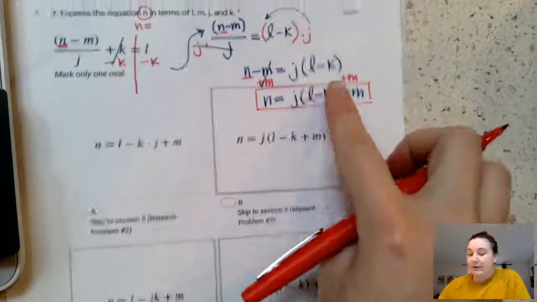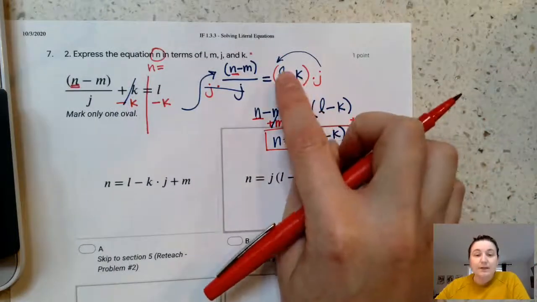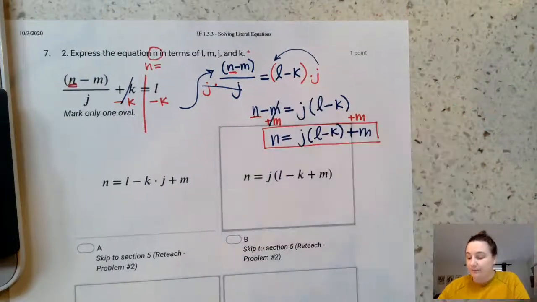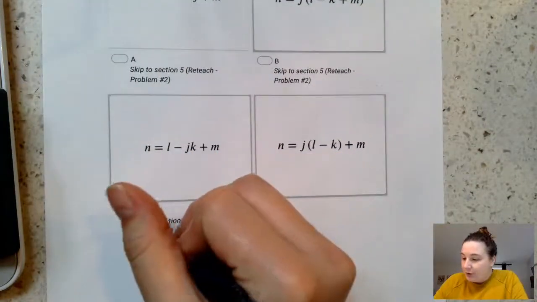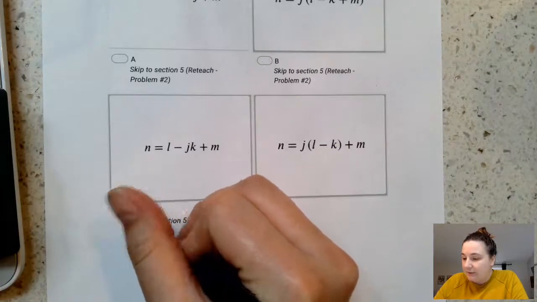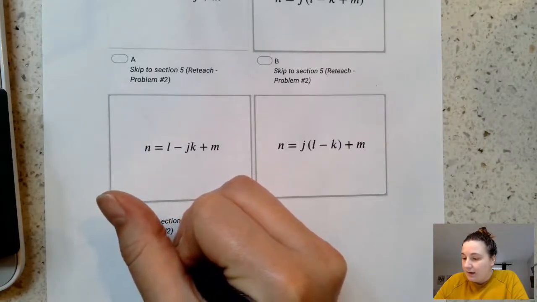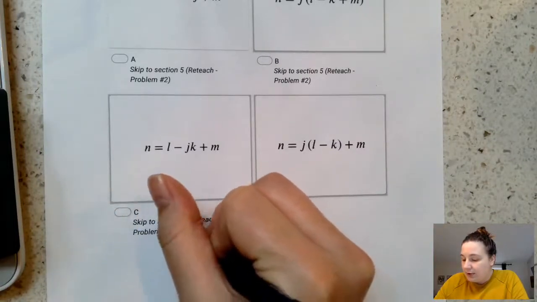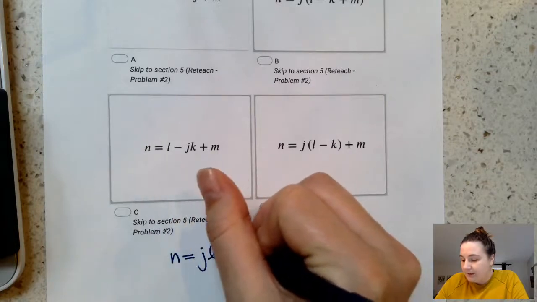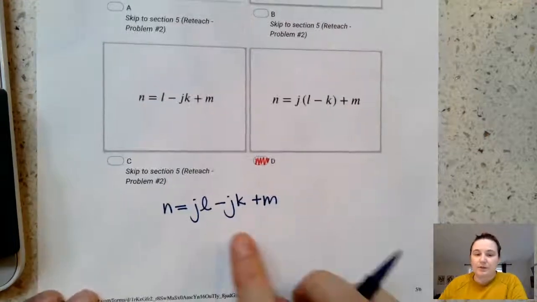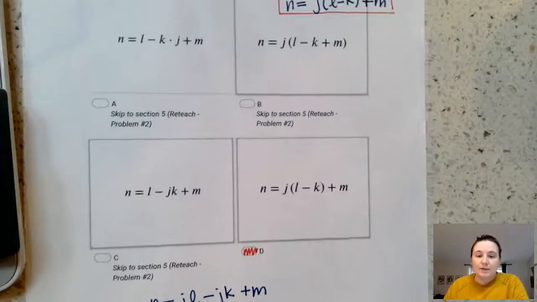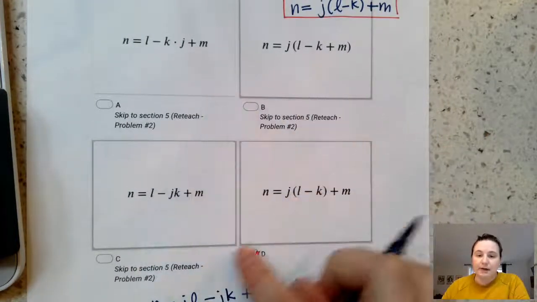I do want to show you if up here you did multiply each of these by j, you would have gotten, let's do this at the bottom, n equals jL minus jk plus m. So this is what you would have gotten, and you would have seen that none of your answer options matched.